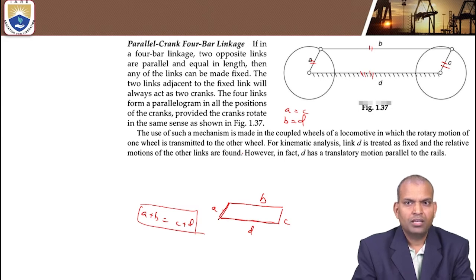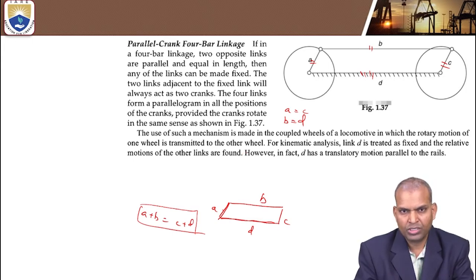In previous examples, such as the single slider crank chain mechanism, rotary motion is converted to reciprocatory or translatory motion, or translatory motion is converted to rotary motion.